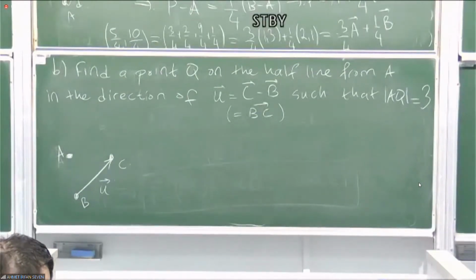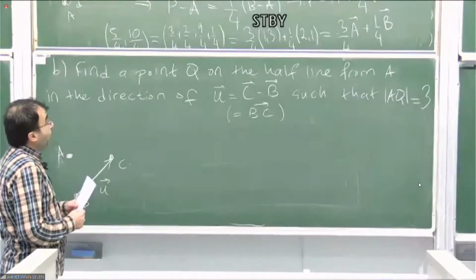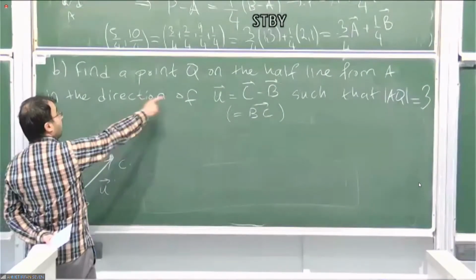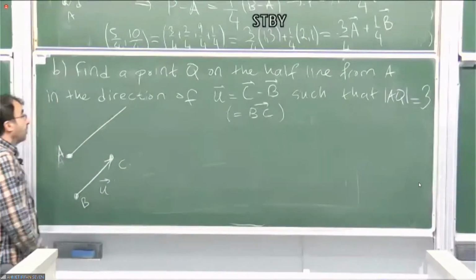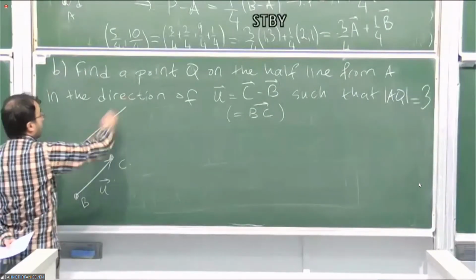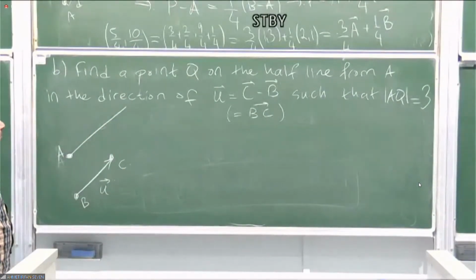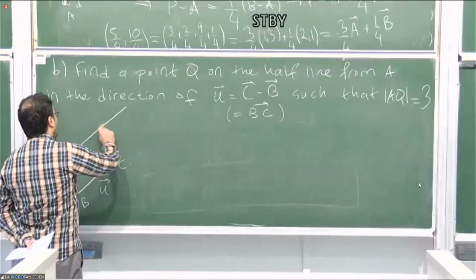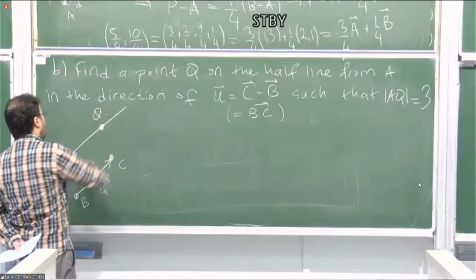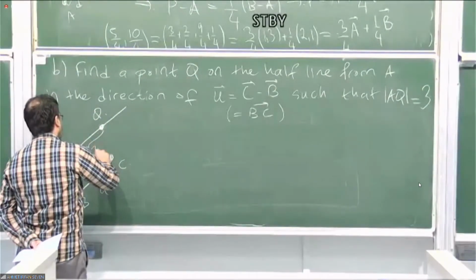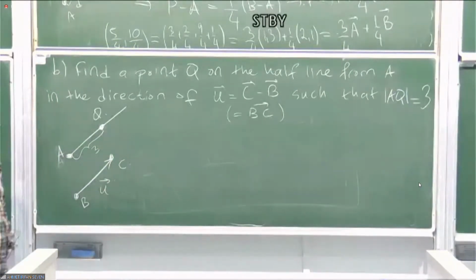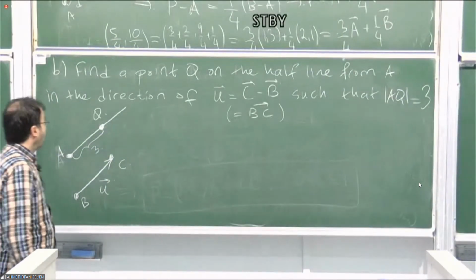All right. It is saying that point Q is on the half line from A in the direction of U, so in the direction parallel to U. This is the half line. Such that the distance AQ, so Q is here, equals 3. So this distance will be 3 units.